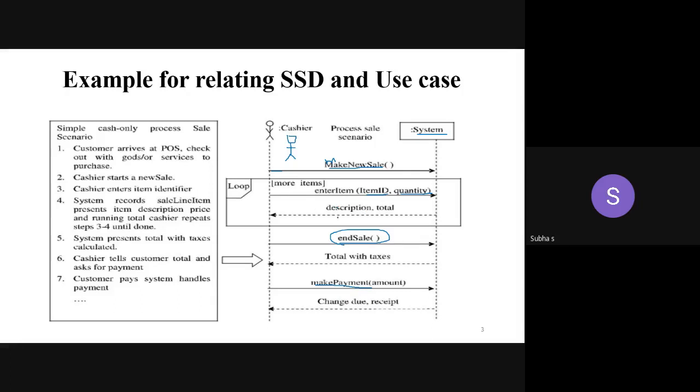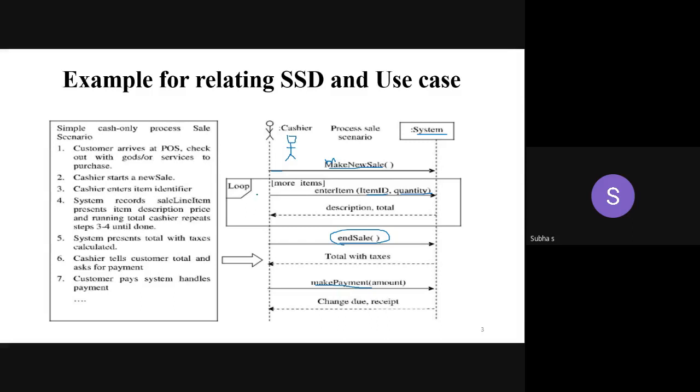You have to repeat this set of messages for n number of items. Suppose I have bought 18 items, then you have to repeat. The cashier has to enter the item ID for 18 items, and only then will he get the total. So that is given under a loop. Normally in programming, we use what?